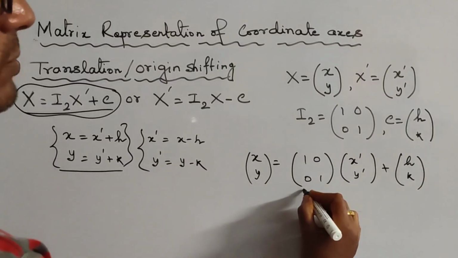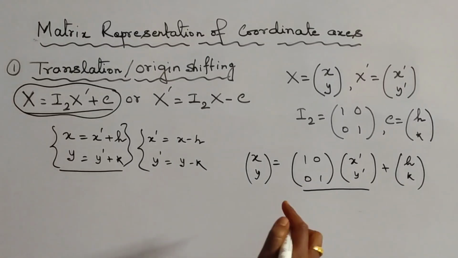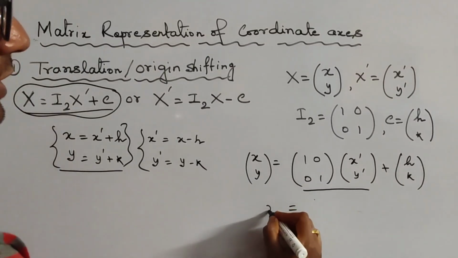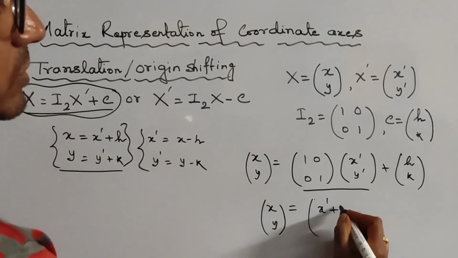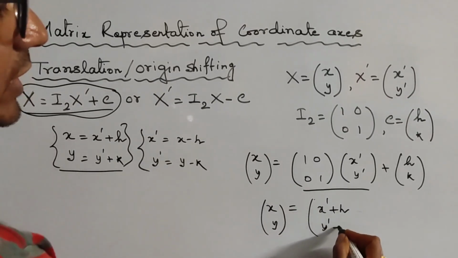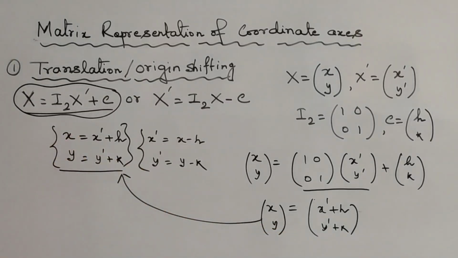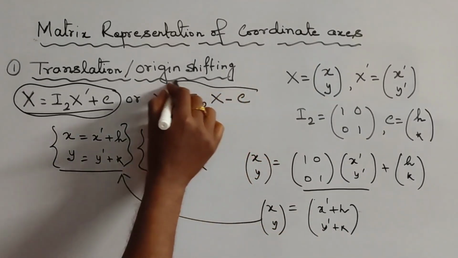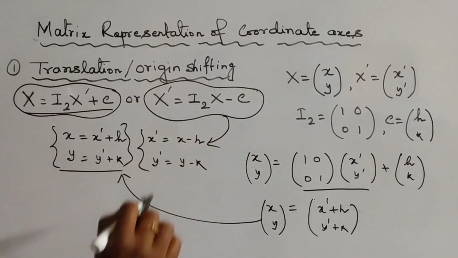If we multiply these two matrices and compare each of the corresponding terms, we get x y equal to x dash plus h and y dash plus k. So we get this result. Similarly, if we expand this result, we get the second result.